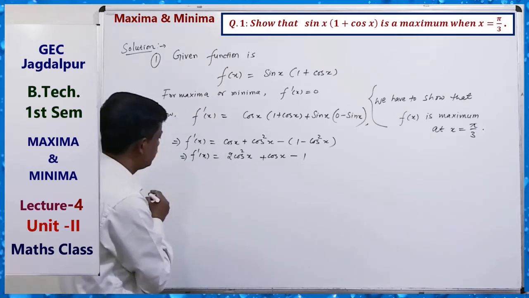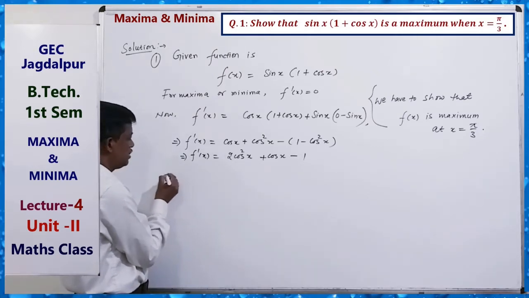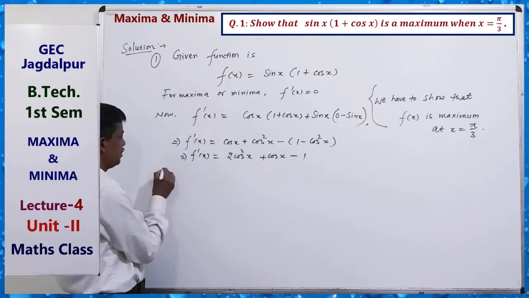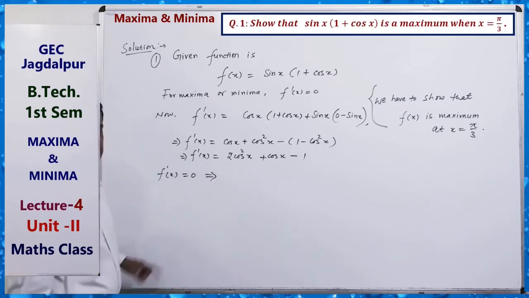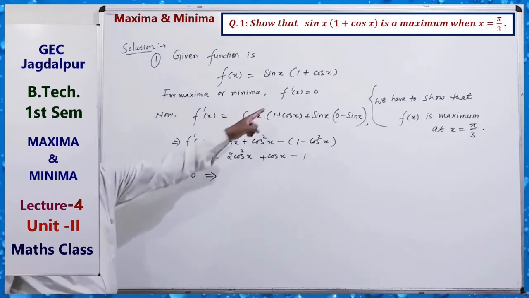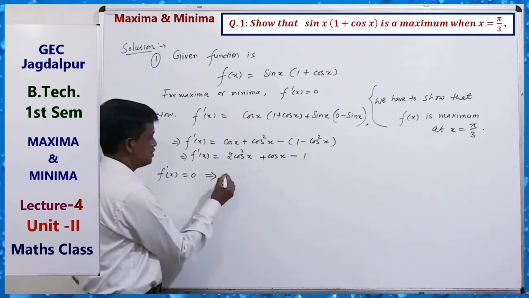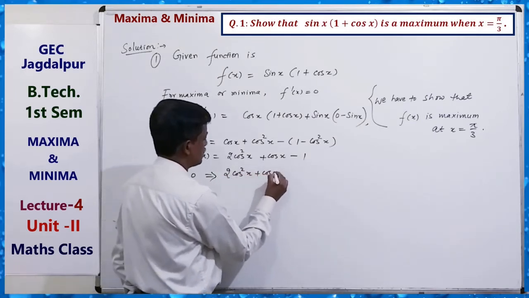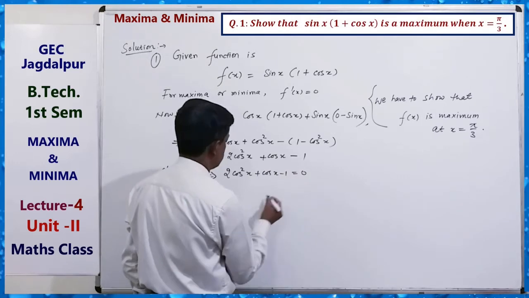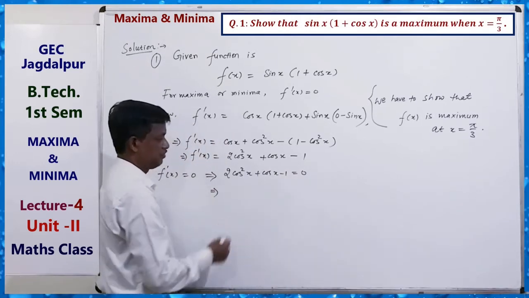Okay, this implies f dash x is 0, because the derivative should be 0. So 2 cos square x plus cos x minus 1 equals 0. Now we can solve it.